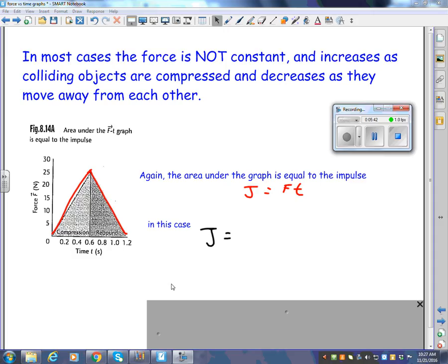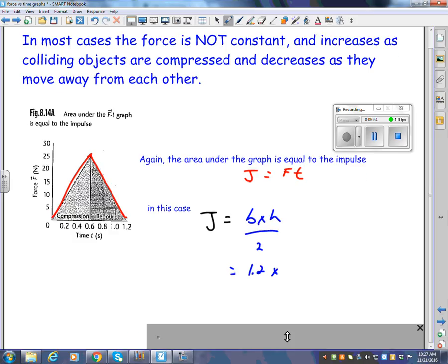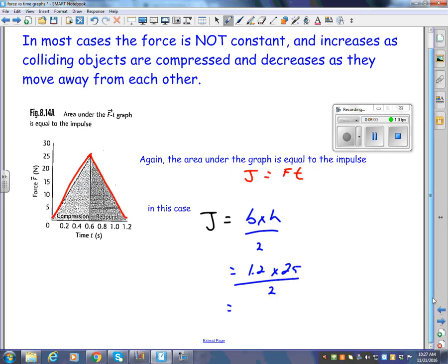Base times height divided by 2, right? So the base is from 0 to 1.2. The height is up to 25, it looks like. Divided by 2. So how much? 15 newtons? 15 newton seconds, correct. That is the correct unit for impulse, newton seconds.